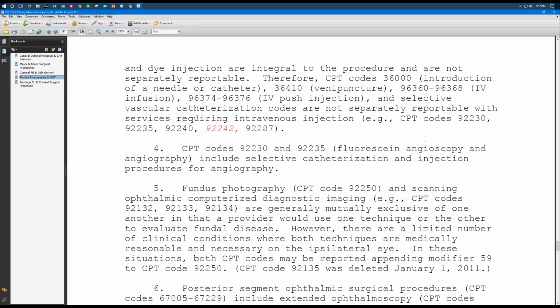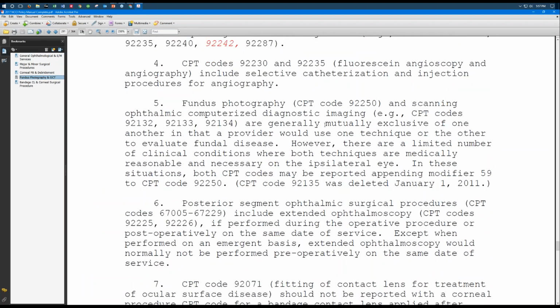You'll see right here it says fundus photography and scanning laser are generally mutually exclusive of one another, that a provider would use only one technique or the other to evaluate fundus disease. However, there are a limited number of clinical conditions where both techniques are medically reasonable and necessary on the ipsilateral eye. In these situations, both CPT codes may be reported by appending modifier 59 to the CPT code 92250.